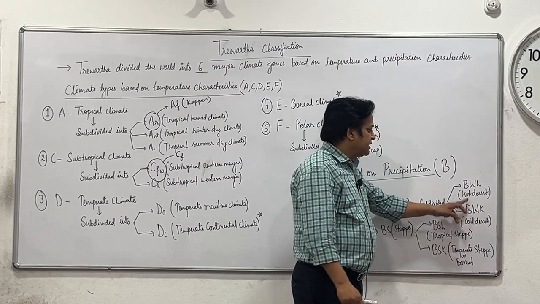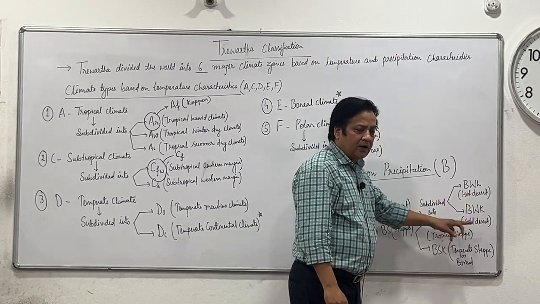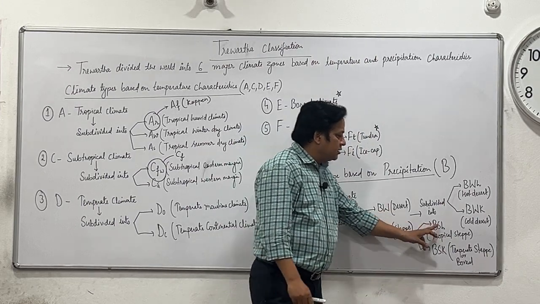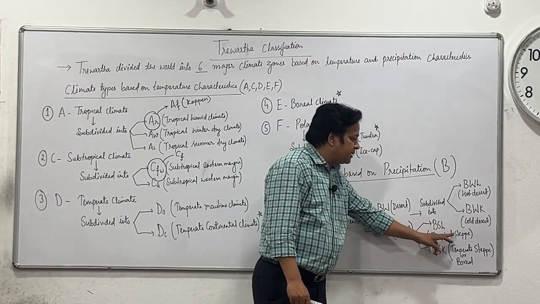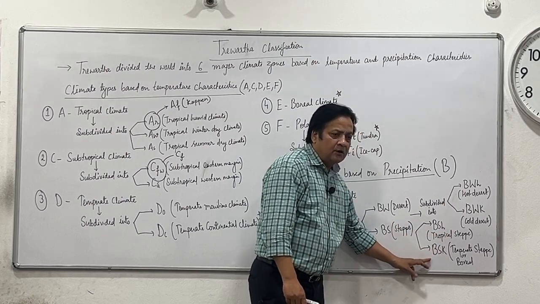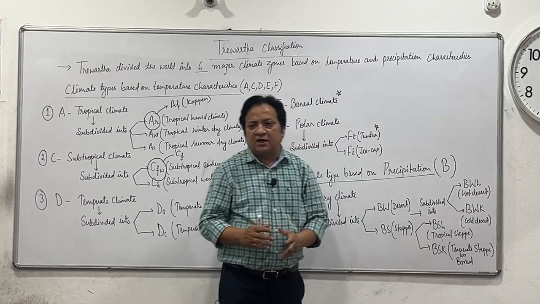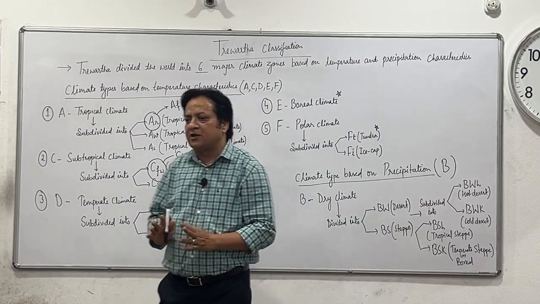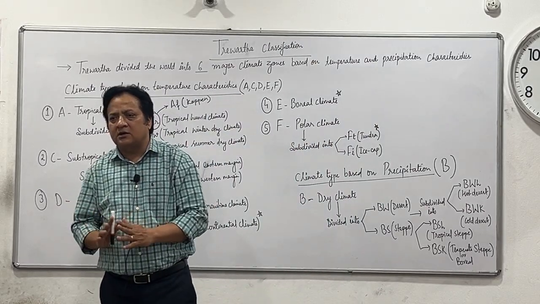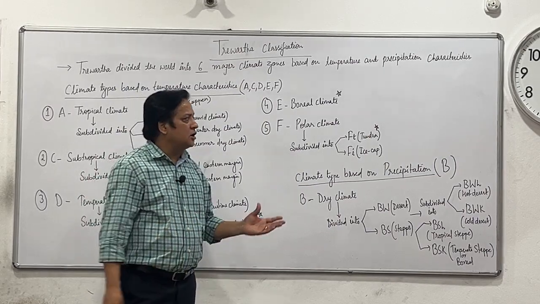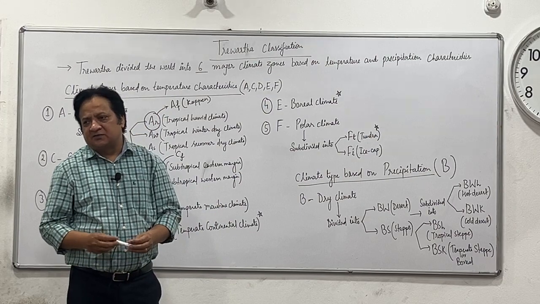So this is your hot desert, this is your cold desert. Likewise, BS type has been divided into two types. One is BSH, the tropical steppe, and the other is BSK, the temperate steppe, or we also call it boreal steppe. That means a cool temperate region where you have short grasses. This is your Trivarta classification.